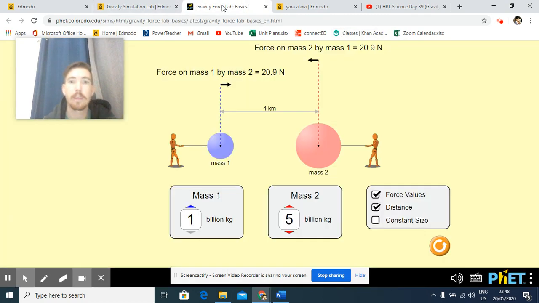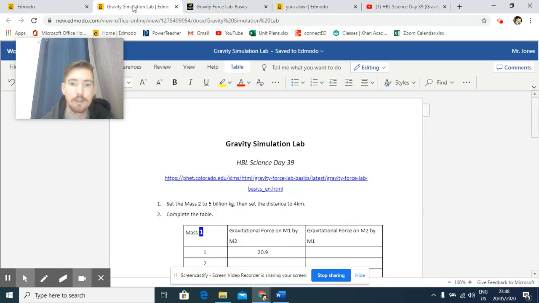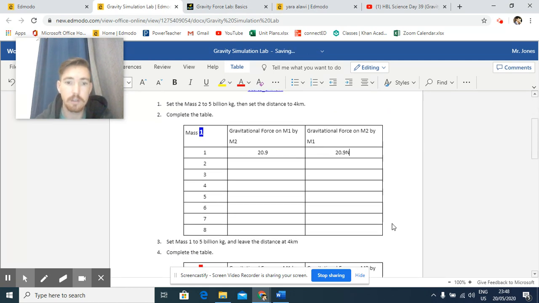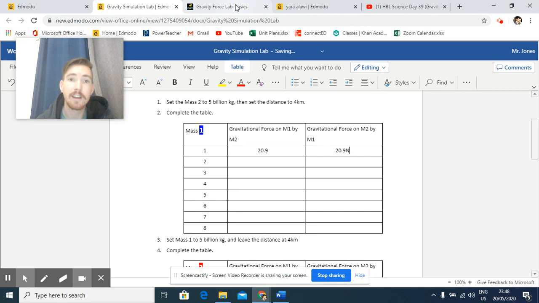Now, force on mass 2 by mass 1 is also 20.9 newtons. At this point, you're probably saying, yeah, Mr. Trevor, you did that yesterday. Why are you going over this again? It's because you were confused, and I don't know what you got and what you didn't get. So we're taking baby steps here because you guys are beginners. See what I did there?